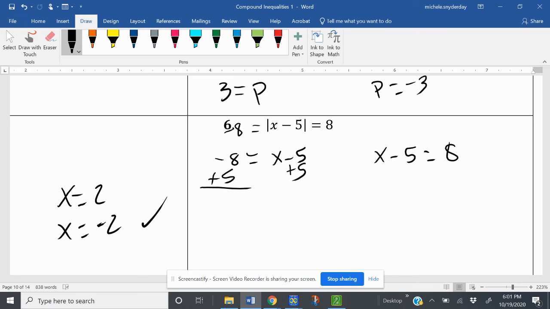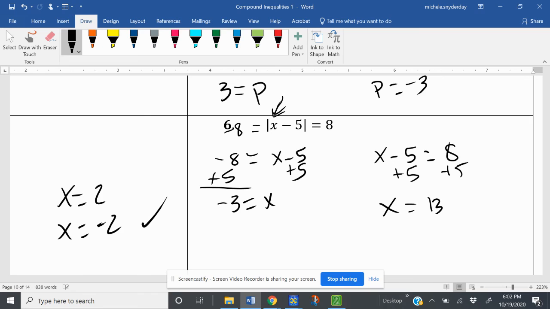And we have negative 8 plus 5 is a negative 3. So x could have equaled a negative 3 on the inside. And over here, we'll add 5 as well. And 8 plus 5 gives us 8, 9, 10, 13. So that means x could have been a positive 13 on the inside of the absolute value symbols.